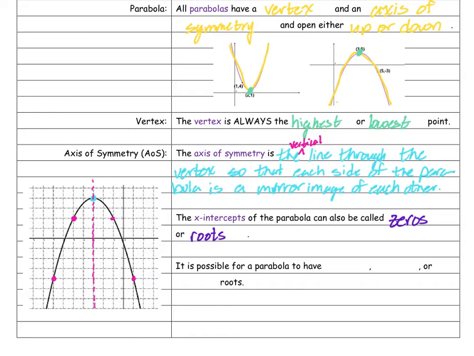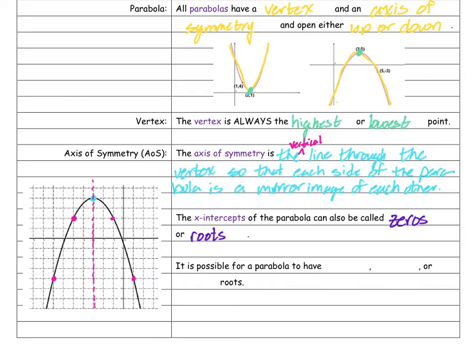Okay, so if you're looking at the directions and they ask for zeros, they're asking for the x-intercepts, or roots, they're asking for the x-intercepts. So sometimes the wording can use any of the 3 words looking for x-intercepts: either x-intercepts, zeros, or roots. They're all looking for just the x-intercepts, okay?